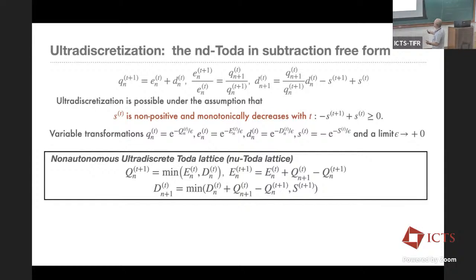So we are using this variable transformation. This is a minus sign. Of course, this is very confusing, so that is why I just pointed out that these minus signs appear here.